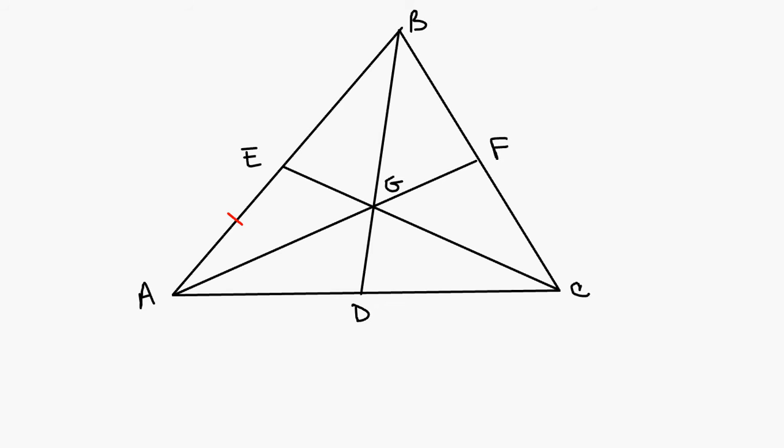What you're going to be required to understand is that from this picture right here, you're going to be expected to know what point G is, what its name is, and what properties apply to it. Don't these three segments inside the triangle connect a vertex to the middle of an opposite side?